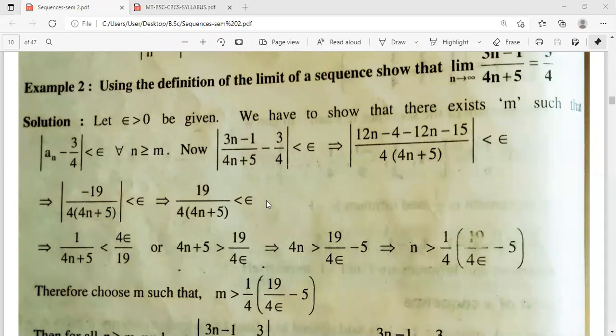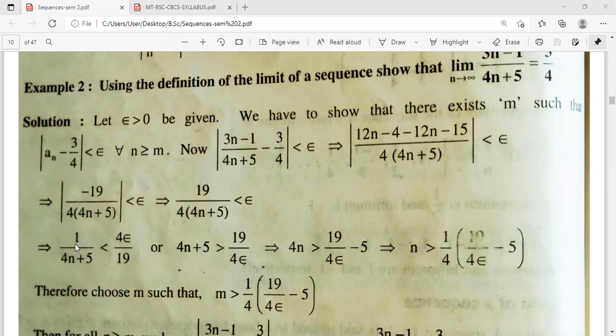Now after getting this value, that is less than 4 epsilon by 19, you take the reciprocal. Whenever you are taking the reciprocal, less than will become greater than. You get 4n plus 5 on this side, and 19 by 4 epsilon on the other side, and less than becomes greater than because you are taking the reciprocal.